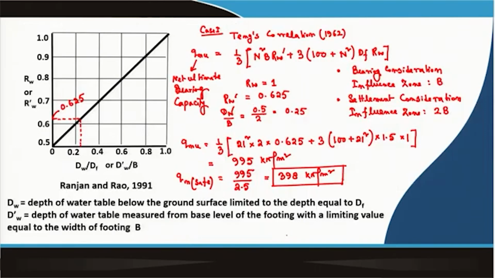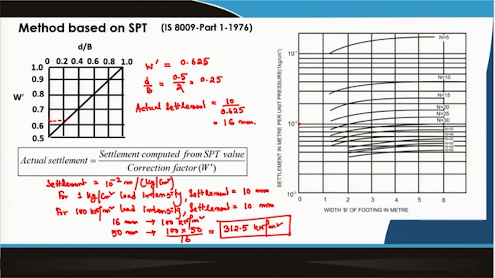So, from bearing consideration, your safe load is 398 kilonewton per meter square, and for the settlement consideration your stress is 312.5 kilonewton per meter square. So, the minimum of these two will be the allowable bearing capacity. So, Q allowable will be 312.5 kilonewton per meter square.